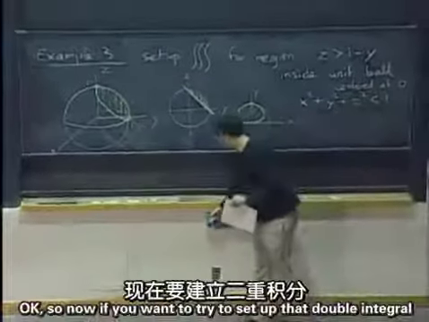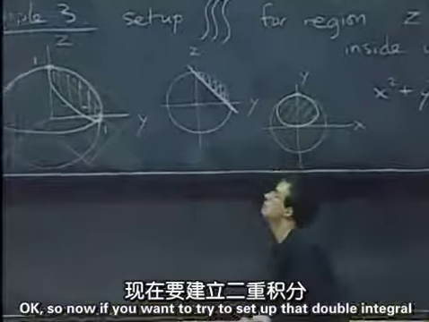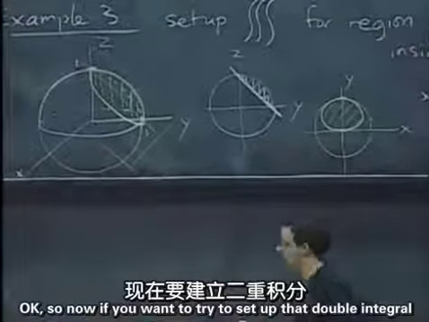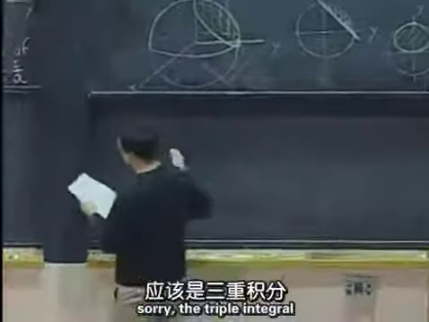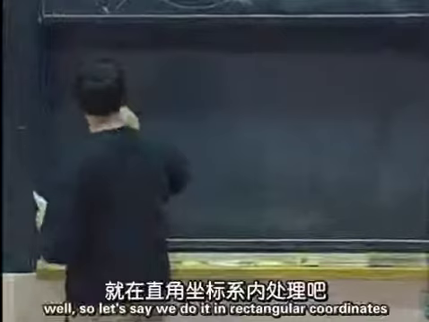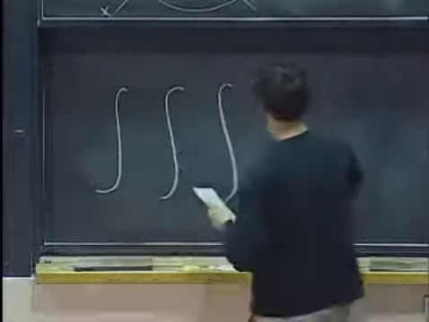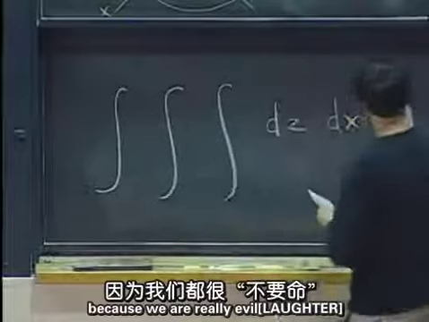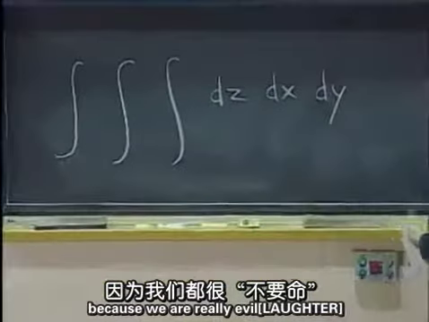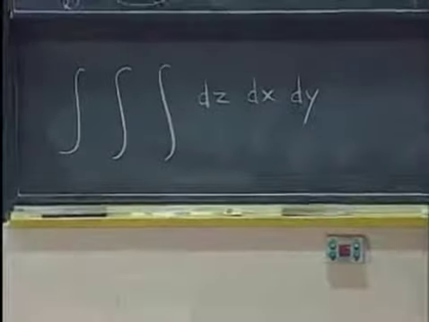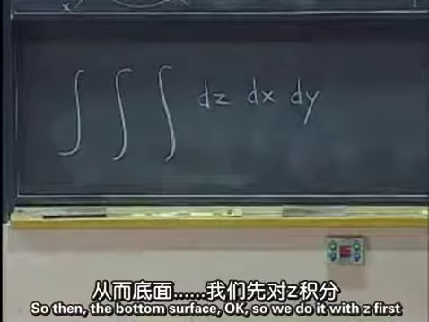Now if you want to try to set up that triple integral, let's say we do it in rectangular coordinates because we are really evil. Then we do it with z first.